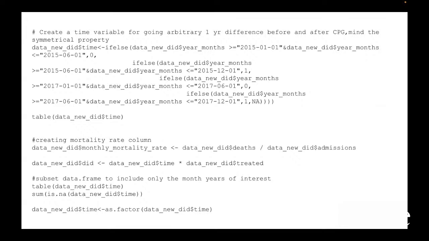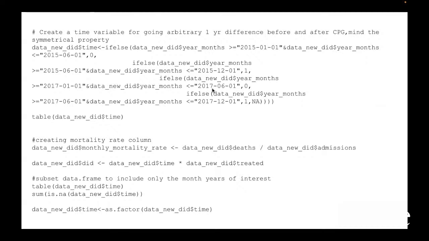And then I did the 1 year after intervention. I did the same. Remember the intervention occurred in July 2016, so we have to choose 1 year after 2016, then it's 2017.